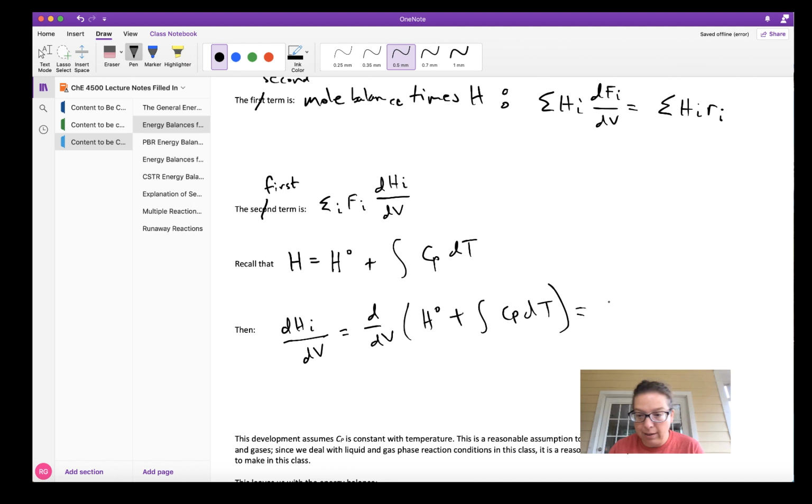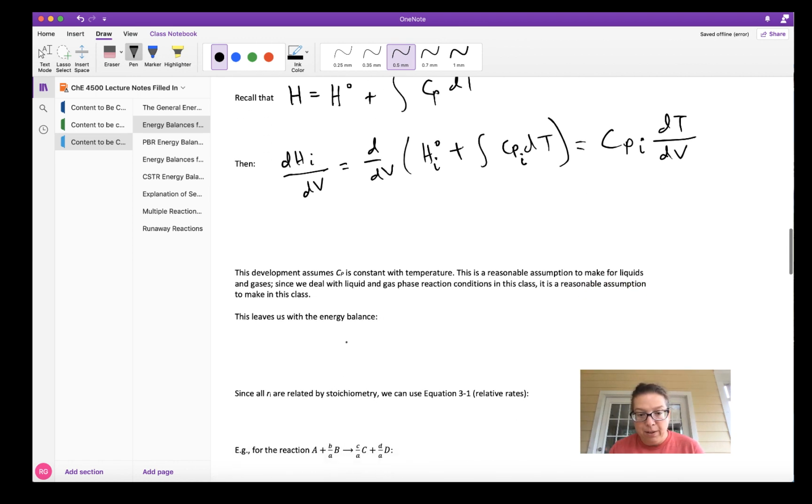So what we would get, and I should subscript this, is Cpi dT/dV. So that's what the first term in that expression is equal to: dHi/dV is equal to Cpi dT/dV.